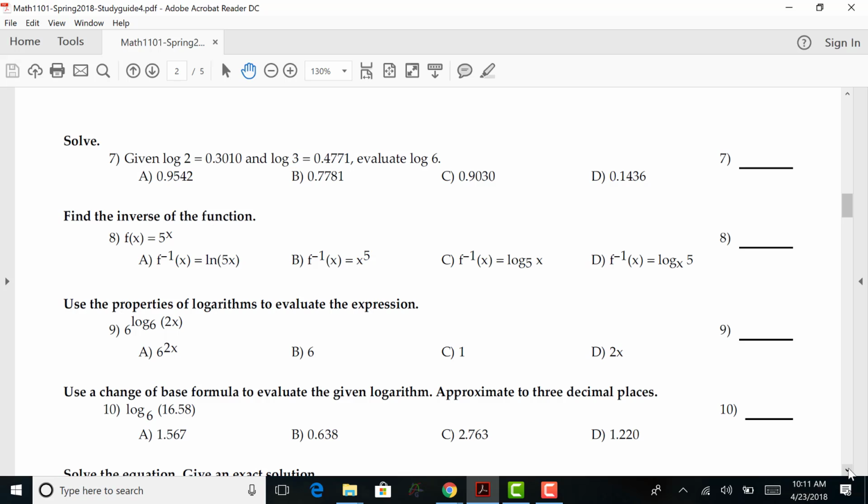Log base 5 of x equals y. Now, rewrite it, put it back in function form.